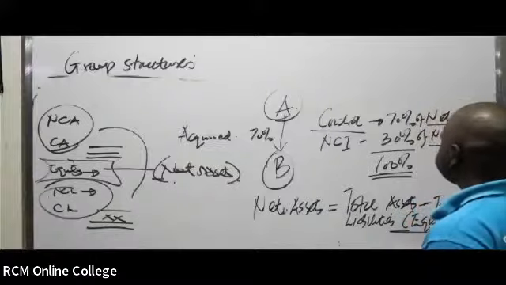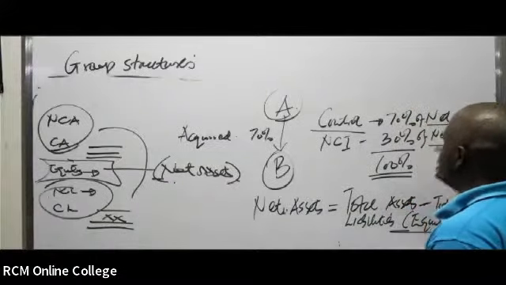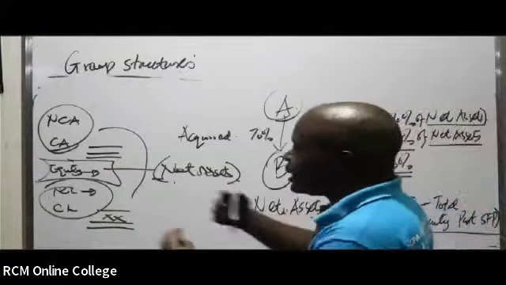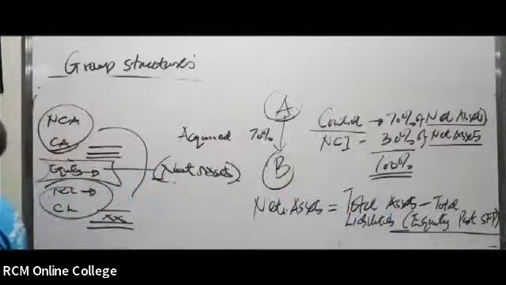If the company controls 70% of the net assets, the remaining net assets will be in the hands of the NCI, or the non-controlling interest. So that's basically what we mean by that.